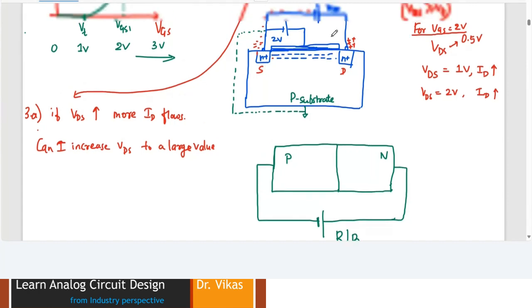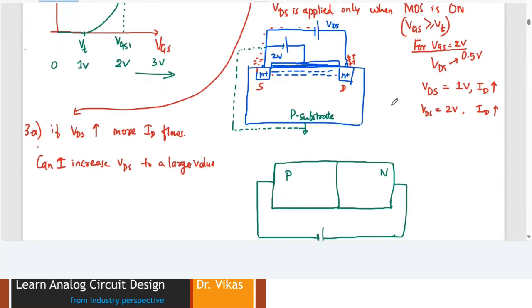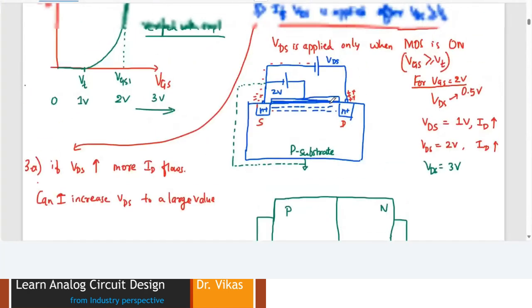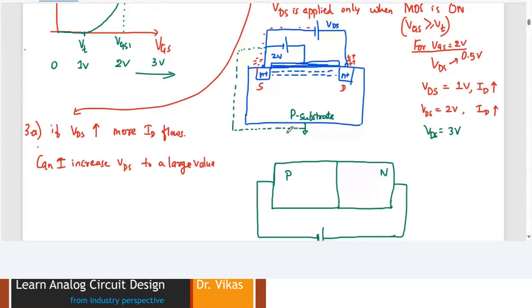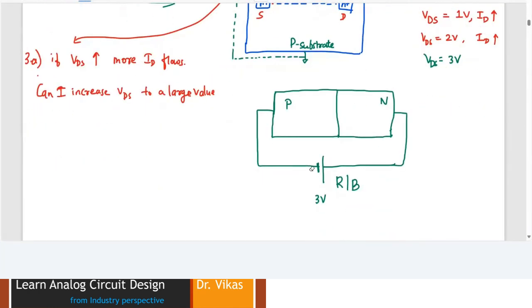Now you are increasing VDS. Let's say you increase VDS further. Let's say VDS is 3 volt. So that means this is 3 volts now. Indeed, I can say it this way. I can write it rather than having connectivity this way, because it is actually not connected that way.